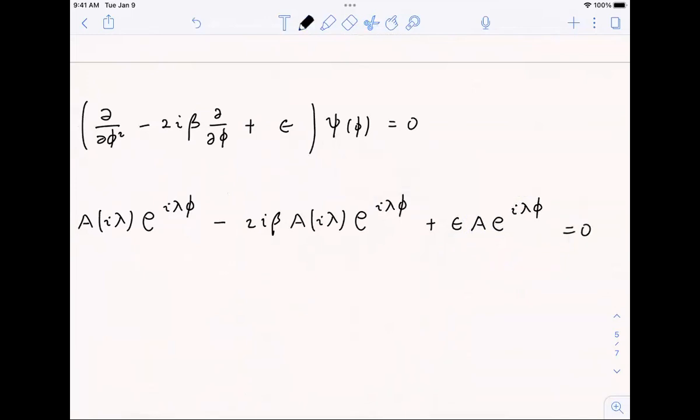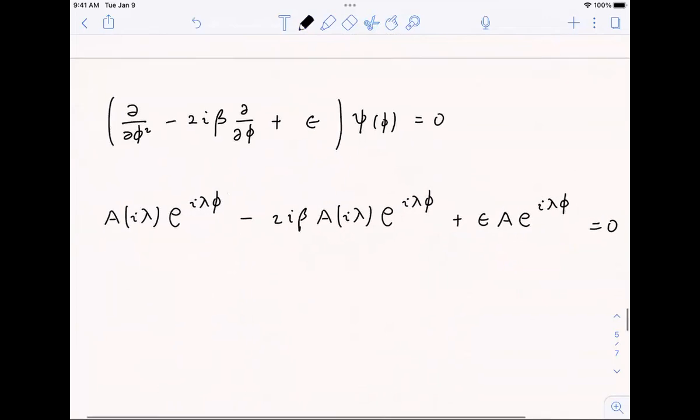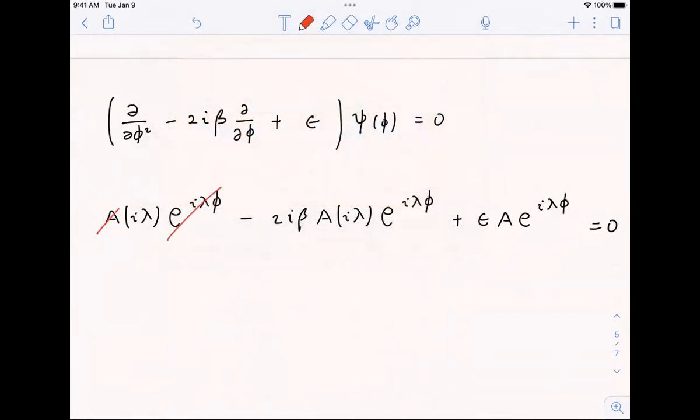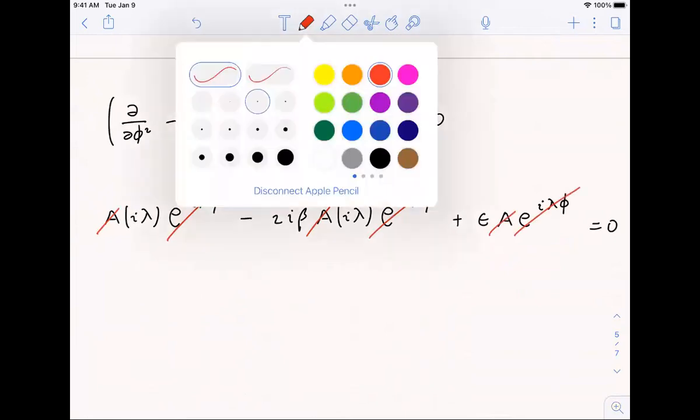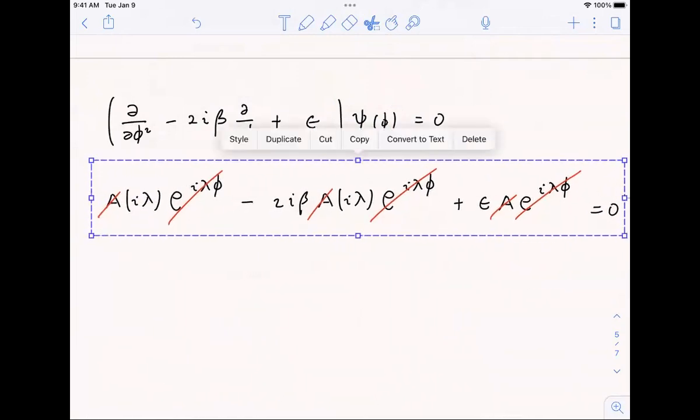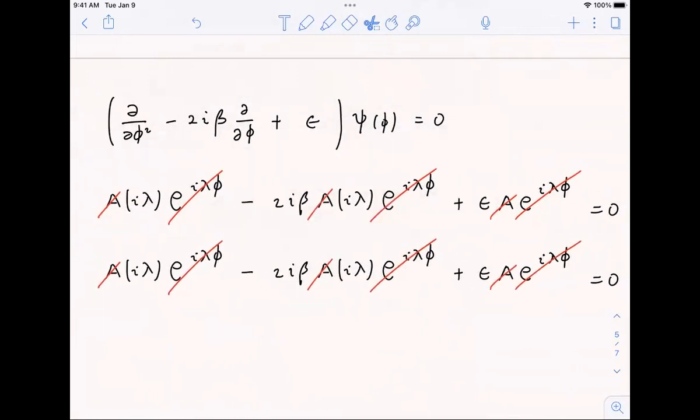Equal to 0. Oh, this A has nothing to do with the magnetic potential. It's just a constant. Okay, so here, then you can already start to cancel the A. Cancel this A. Then you'll get another simpler equation. Then just erase this. Okay, so what you get is something like this.